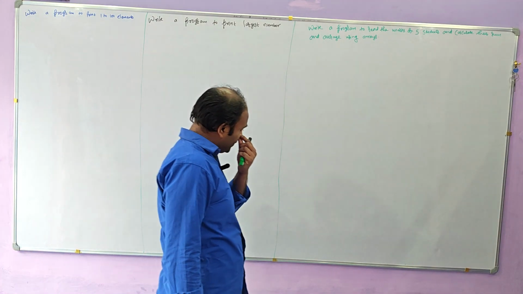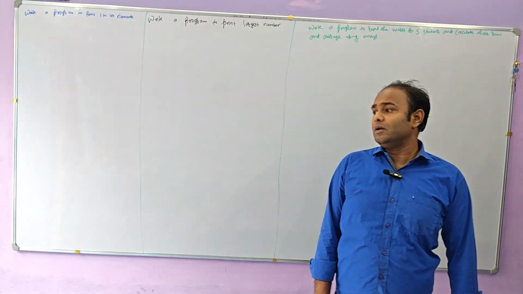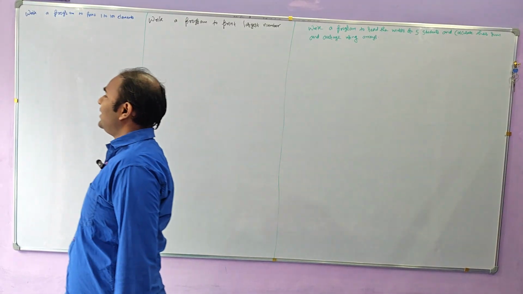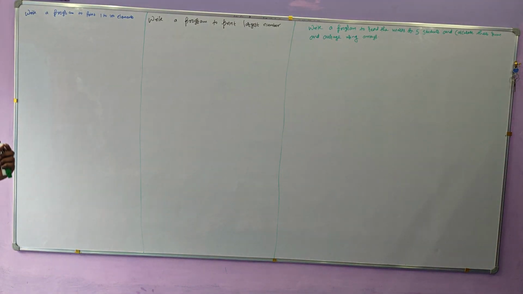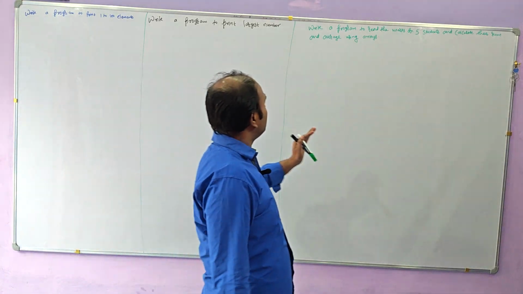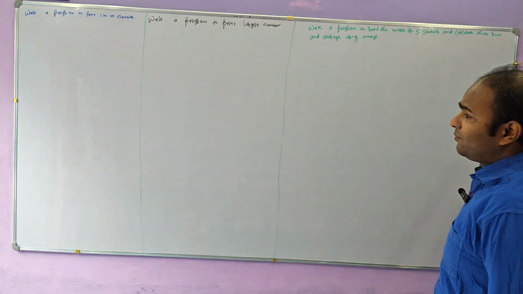An array is homogeneous data stored contiguously in memory.